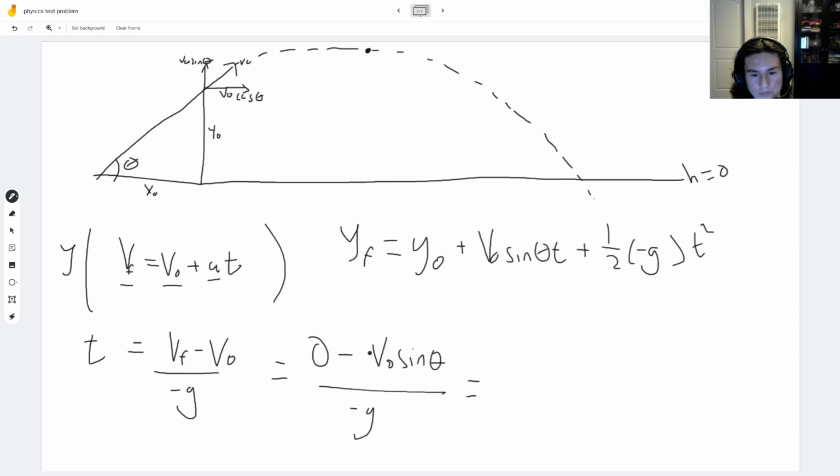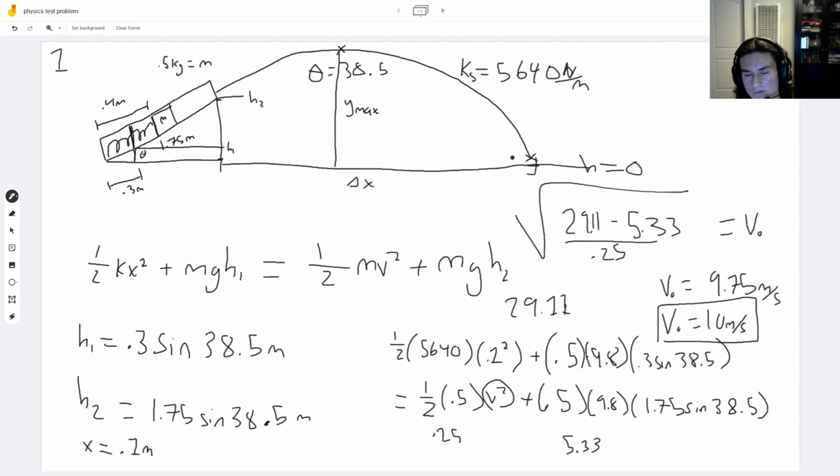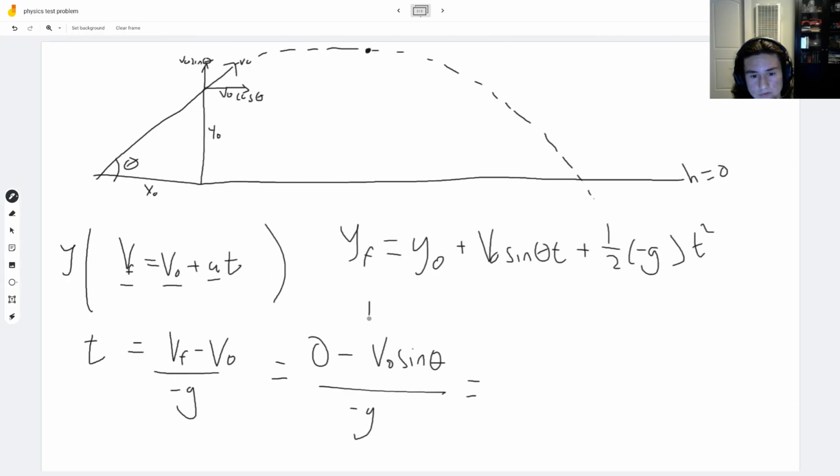So if we put in our values of v0 sine theta, which will be from the other page, I'm going to use 10 meters a second. So 10 sine, and the angle remains the same because basically this angle right here is the same as that angle right there. So we still have our 38.5, and then we're going to divide it by 9.8.